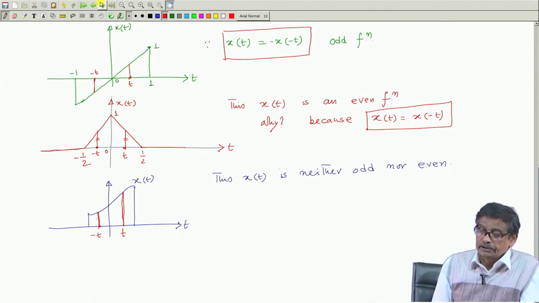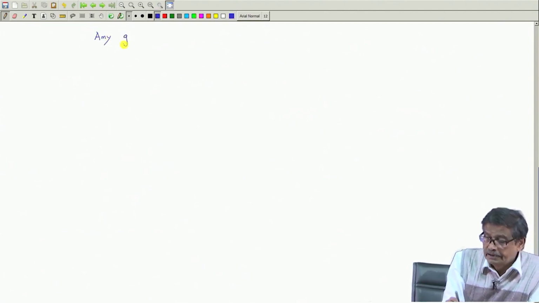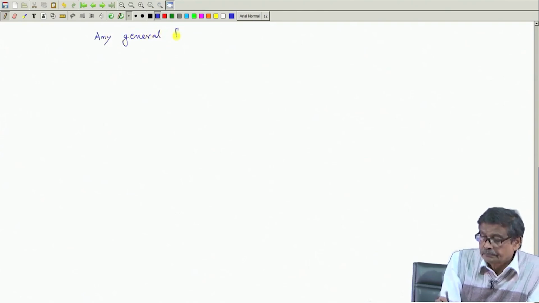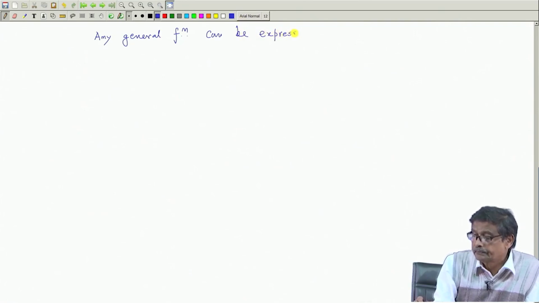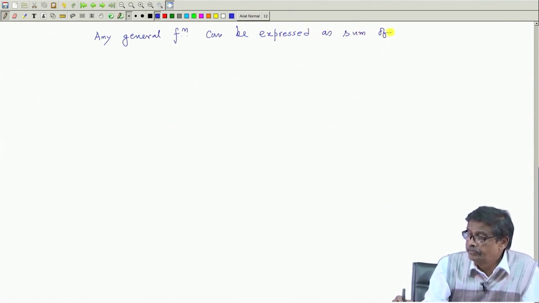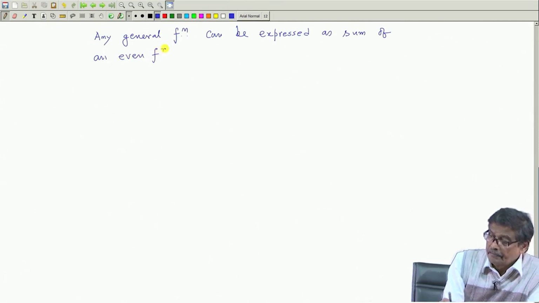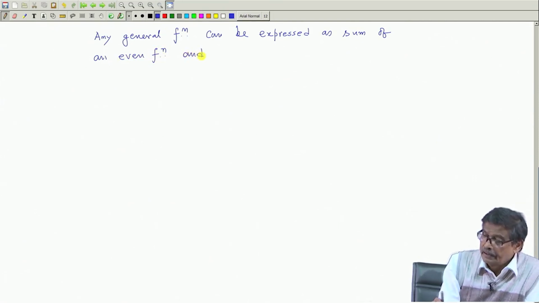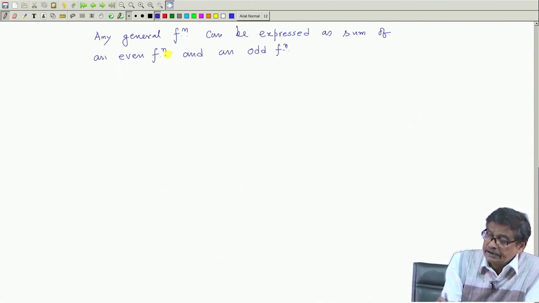What I mean to say is this one: any general function can be expressed as the sum of an even function and an odd function. What does that mean? Suppose x(t), any general function x(t).